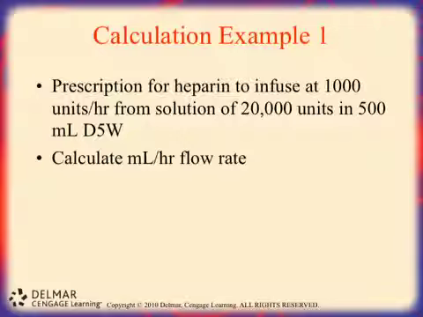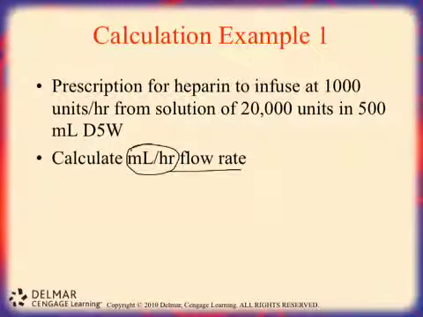Okay, here's the first example. You've got an order for heparin to infuse at 1,000 units per hour from a solution of 20,000 units in 500 milliliters of D5W. And so it asks us to calculate the milliliters per hour flow rate.